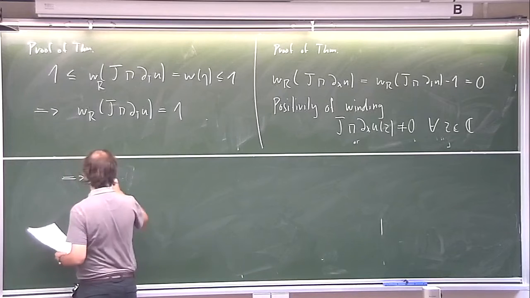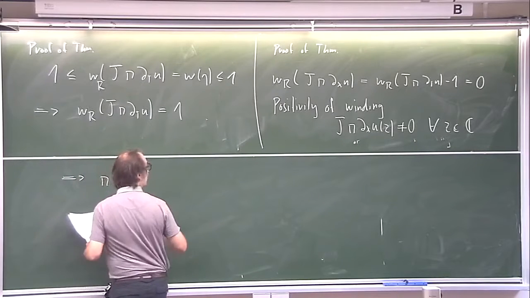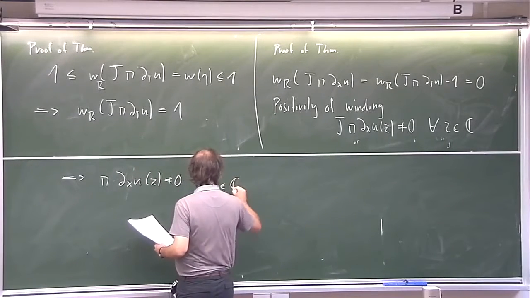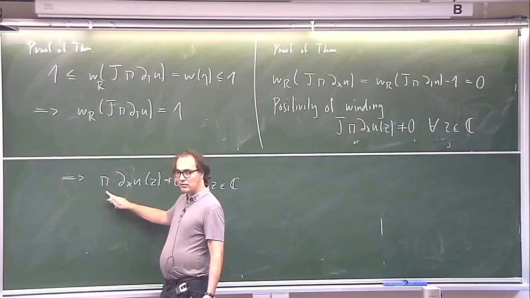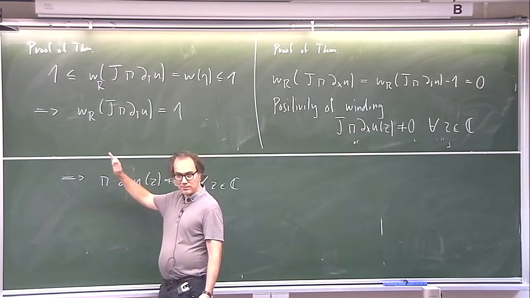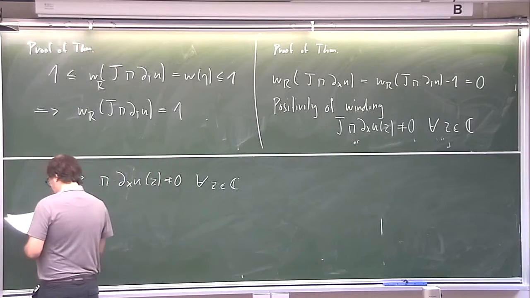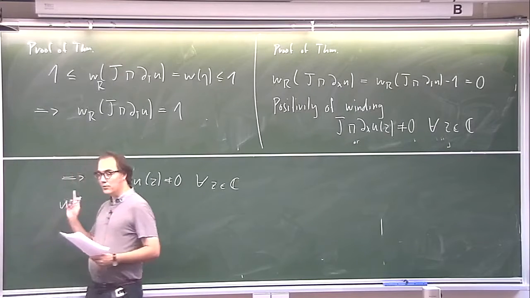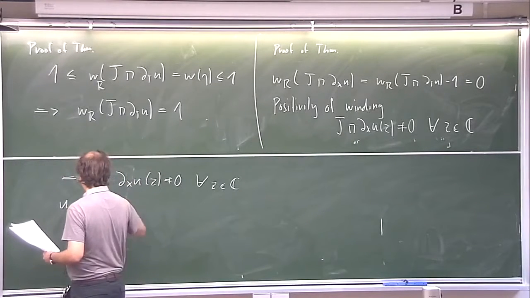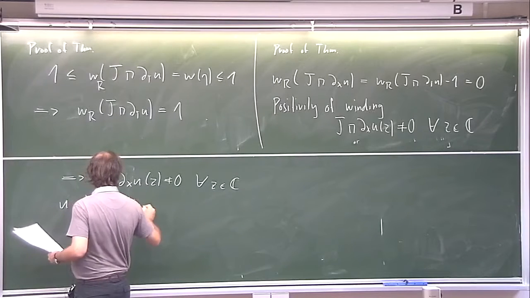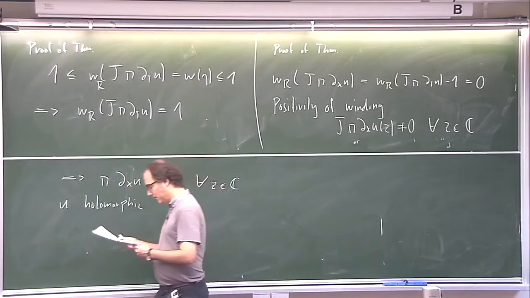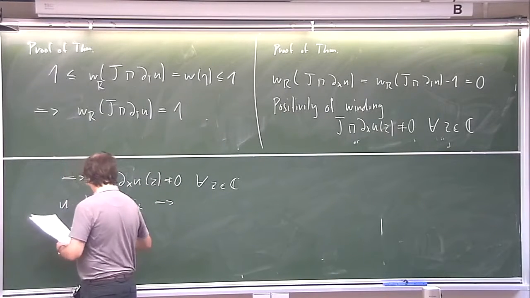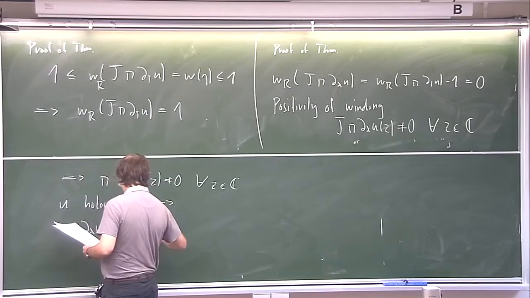So it follows that pi dxu(z) is different from 0 for all z in C. And you remember pi was the projection from the tangent space to the hyperplane distribution along the Reeb vector field. But u, we also know u is holomorphic for this SFT-like almost complex structure. So we get the equation pi dxu plus J pi dyu is 0.